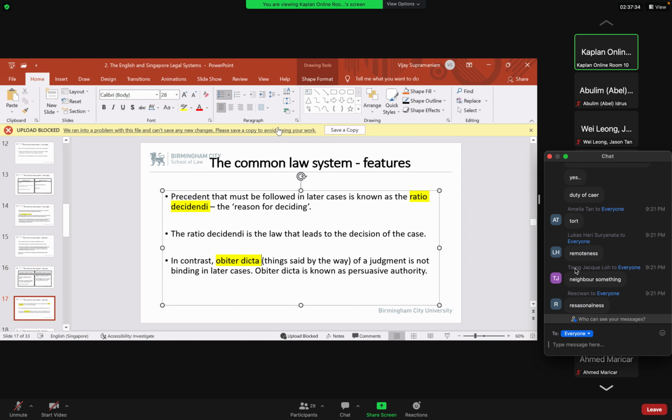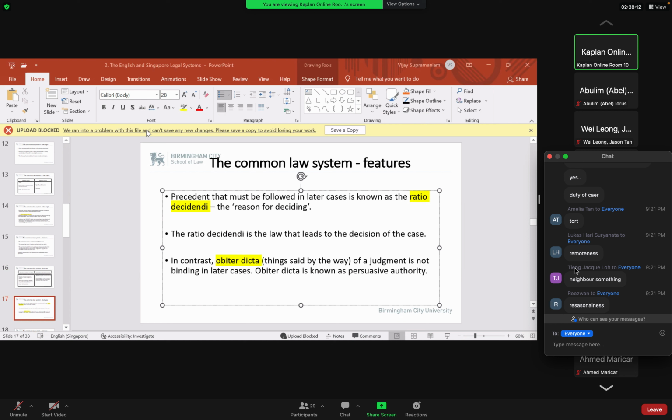The judges merely decided to discuss these laws here. Okay? So in that context, you must bear in mind, obiter dictum is a by the way discussion. So when it is a by the way discussion, we should not follow this law strictly.